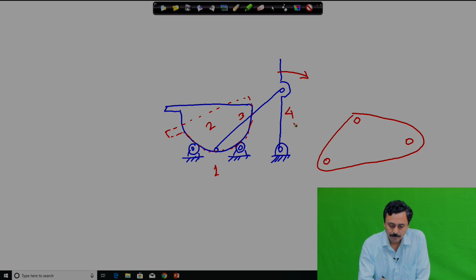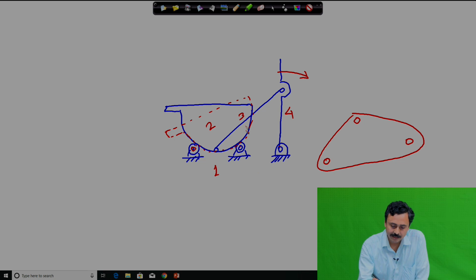Now, here if you think about it, the ground has 3 connection points, so the ground seems to be a ternary link.